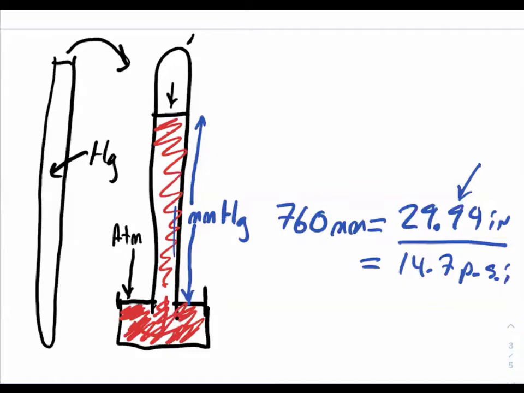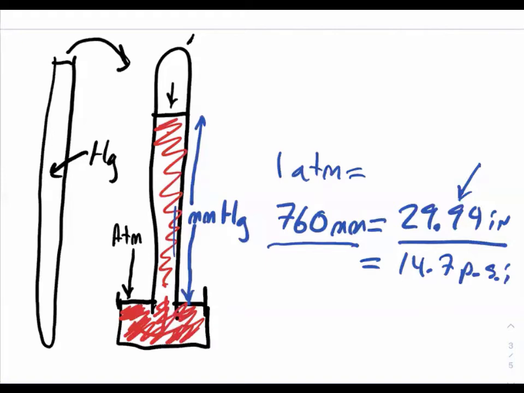So for a while, let's just say that 760 millimeters was the SI unit of pressure. And you guys know what they did, right? They created a new SI unit. They said, let's have the average pressure on the planet be 1, and we're going to call it atmosphere for atmospheric pressure. So all these units are equivalent.